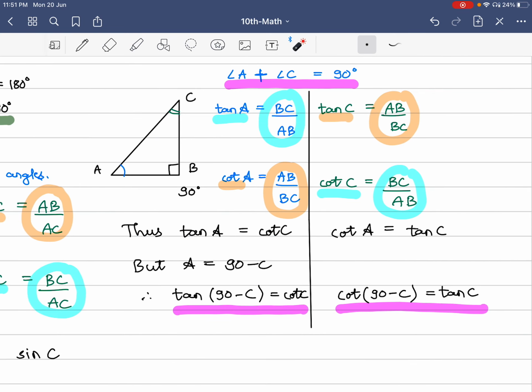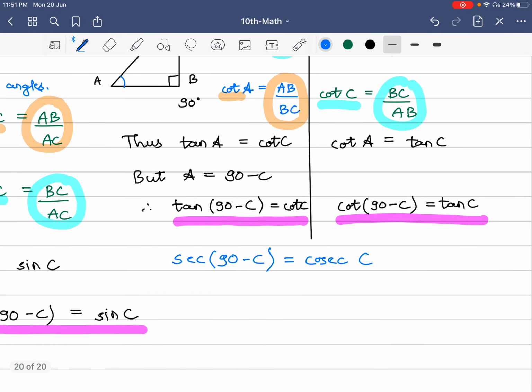Now using similar logic and a similar flow of discussion, which I'm not going to repeat in this video, we can very confidently say that sec of 90 minus C is going to be equal to cosec of C, and cosec of 90 minus C is going to be equal to sec of C. Once again, 90 minus C is the complementary angle of C, and C can be replaced by any other angle.